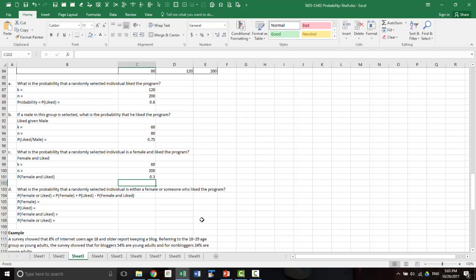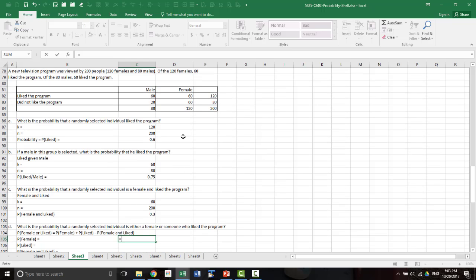What is the probability that a randomly selected individual is either a female or someone who liked the program? This is either-or, so that's our union. So female or liked is probability of female plus probability liked. Remember the addition rule. When we add these two probabilities, we have double counted the intersection, so we have to take one of those counts out. Probability of female is that divided by that.